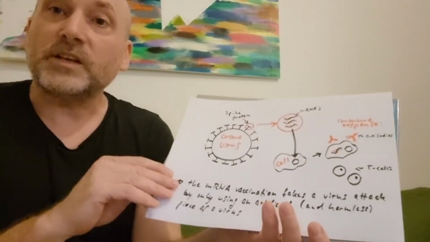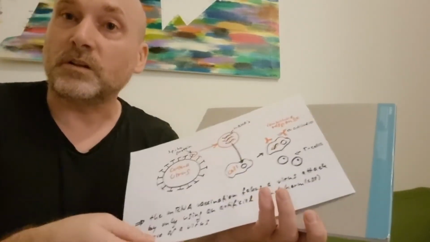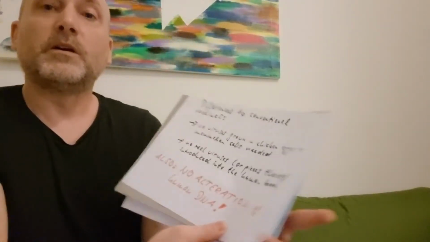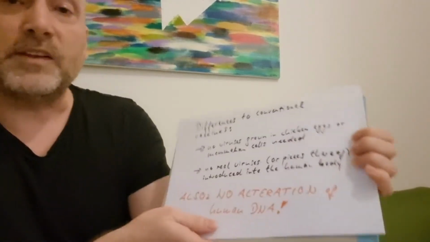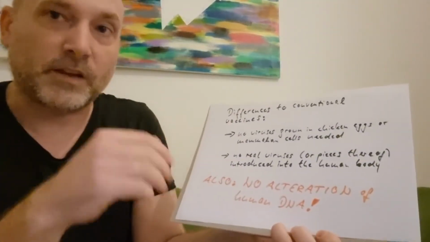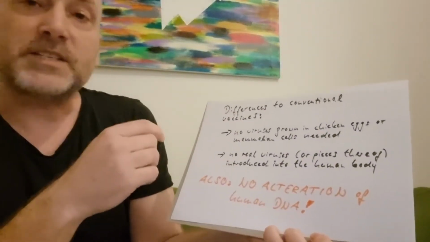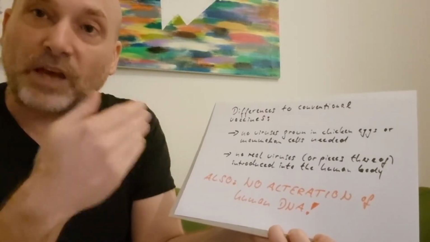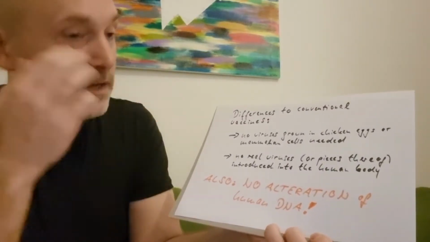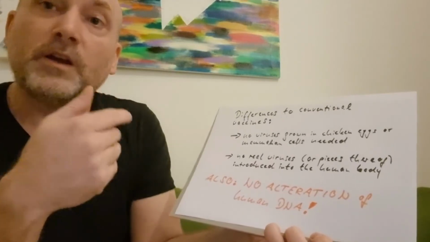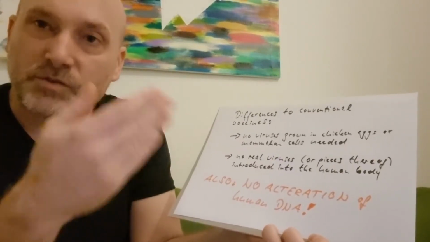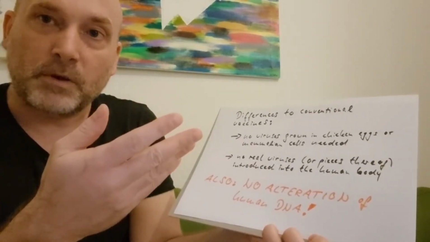So how does that actually differ from traditional vaccinations? The differences to conventional vaccines, simply speaking, there's a lot more details, of course, is that when we use mRNA vaccinations, we can generate our viral sequence on the computer, and then just create our mRNAs in the lab.